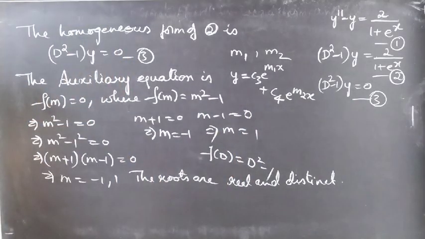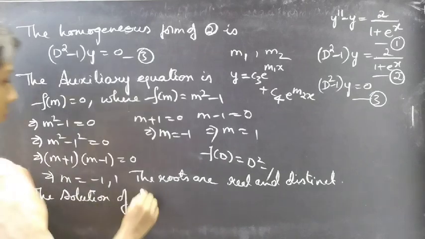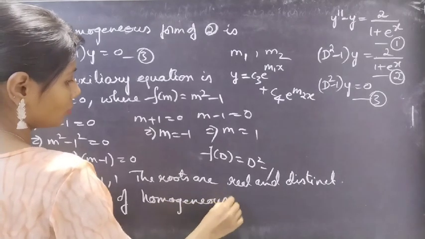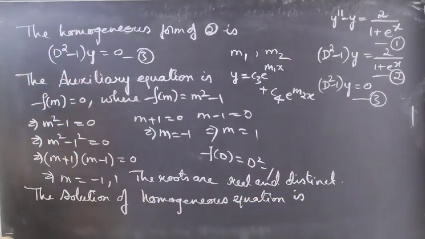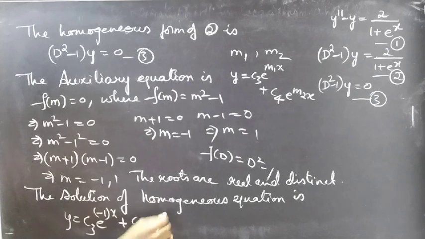Well, now let's write the solution of the homogeneous equation. The solution of the homogeneous equation is y equal to one constant into e power one root into x plus another constant into e power another root into x.